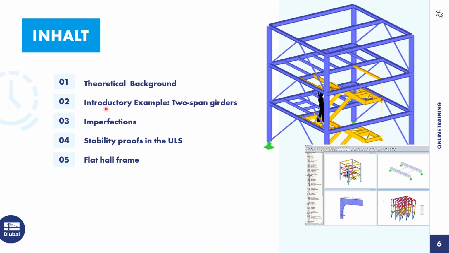It's an introductory example where we do the modeling, then apply loads, do the calculation, and then the design of this steel beam. Then I will give you some information about imperfections and also stability proofs or stability design checks in the ultimate limit state. And in the end, we will model a flat whole frame where we go deeper into the application of imperfections and also the stability design check.